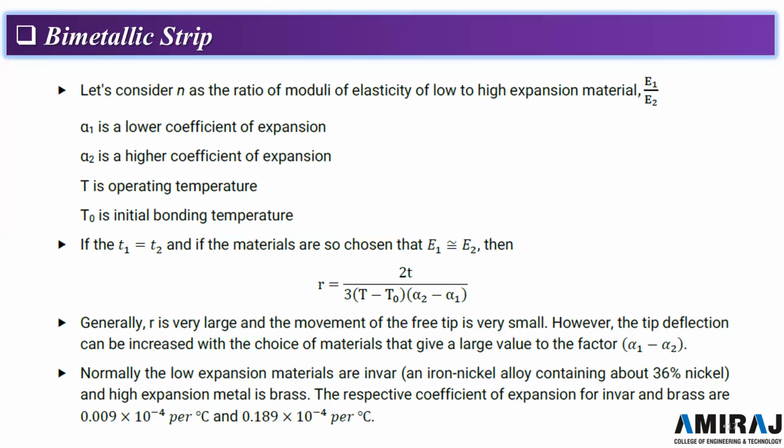Normally, a low expansion material such as INVAR, an iron nickel alloy containing about 36% nickel, and a high expansion metal such as brass, are used.